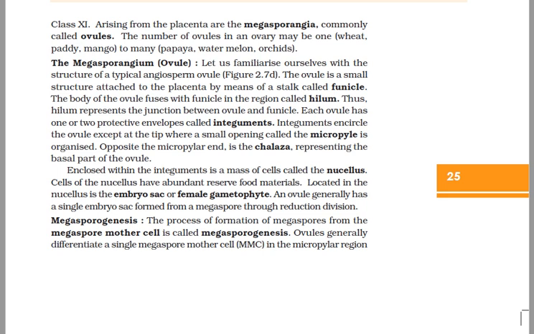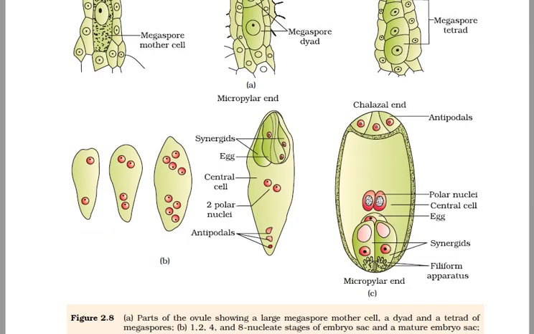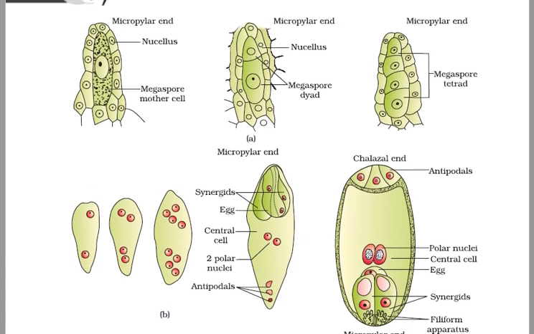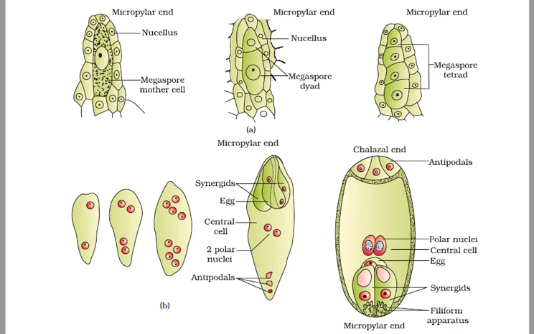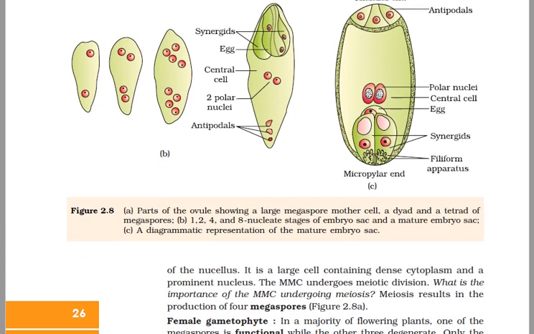Therefore, they do not develop the wall surrounding the cell. Now, the 8 nuclei arrange themselves into 3 groups. This figure you see in your NCERT, on page number 26, figure 2.8.